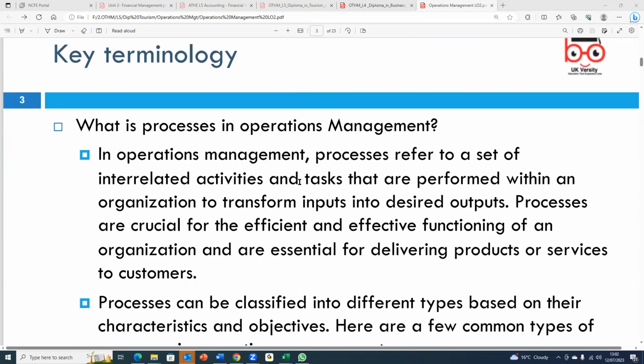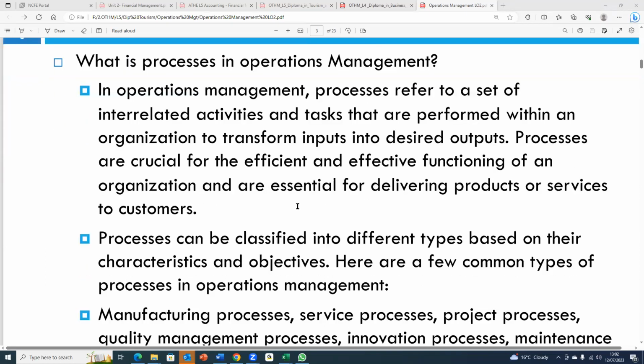Okay, so we'll start off with the processes involved in operations management. There are a lot of processes in operations management. What we mean by processes is a reference to a set of interrelated activities.